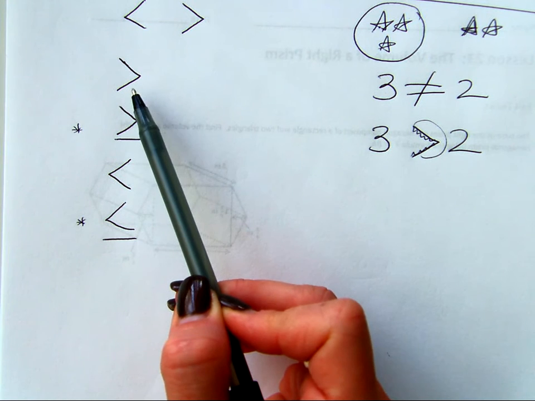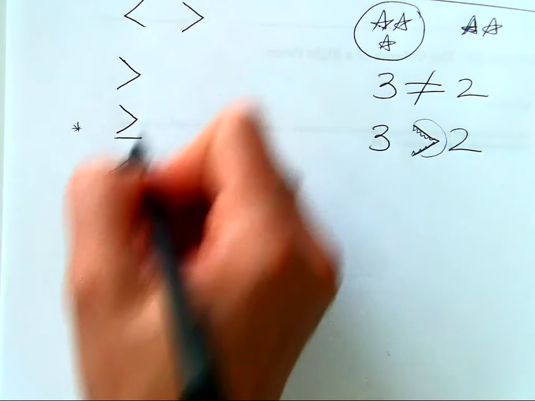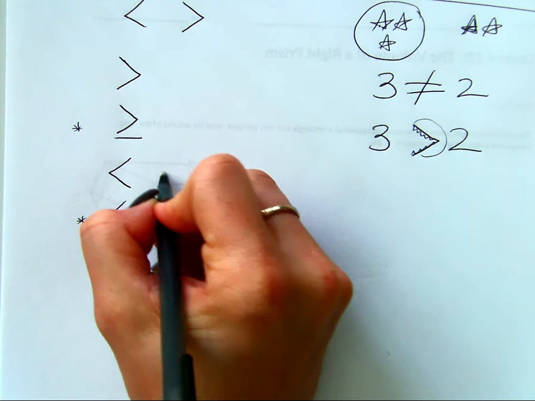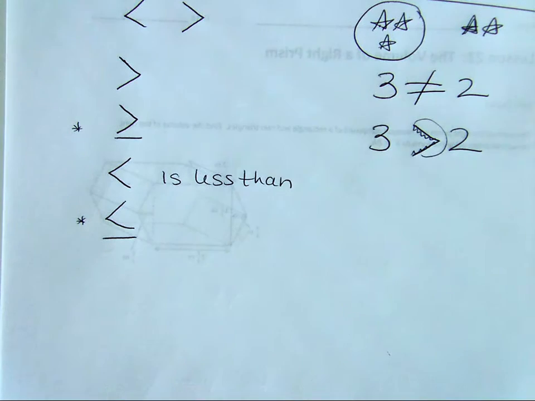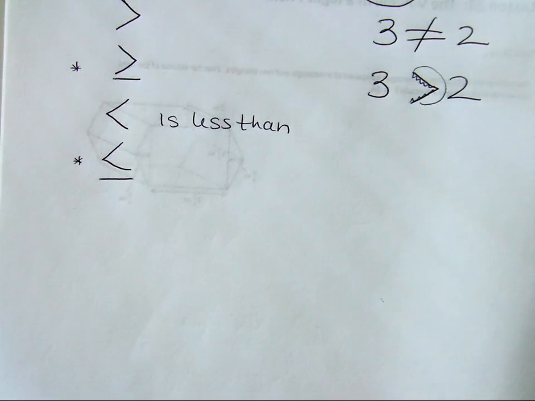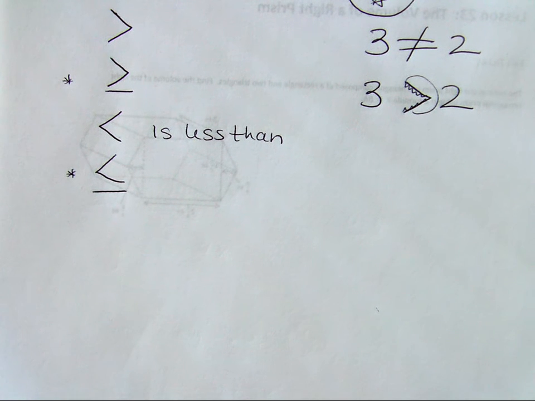It doesn't depend on where the numbers are. Every single time you read this symbol, we'll start with this one because it's easier here, you say the words is less than. And the way that you can remember that is if you tilt it, it kind of looks like an L, right? So every time you see that symbol, you're saying is less than.